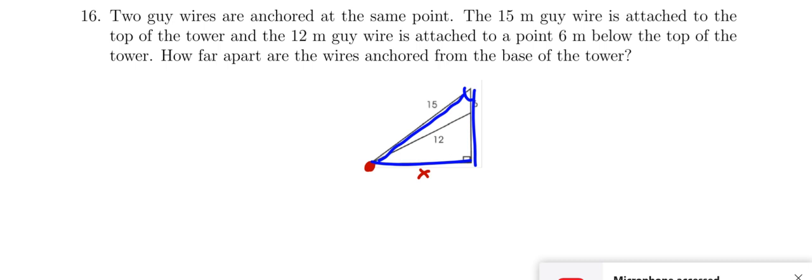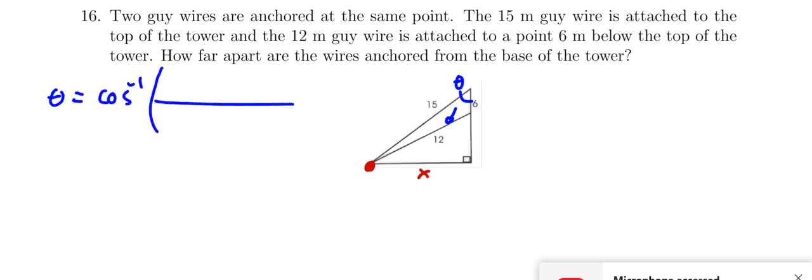So what I'm going to use here is I've got a triangle now, that's not a right angle triangle. I have got the three sides, and what I want here is to figure out what that angle is, and the side opposite that is the 12. So let's just call that theta. Theta is going to be the inverse cosine, because this is definitely the cosine law, and I'm going to have minus 12 squared.